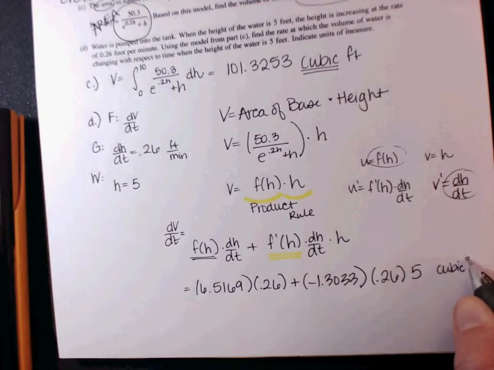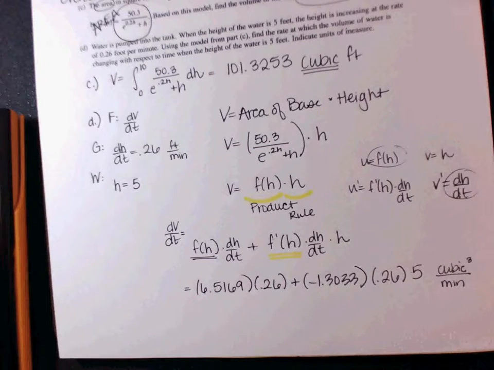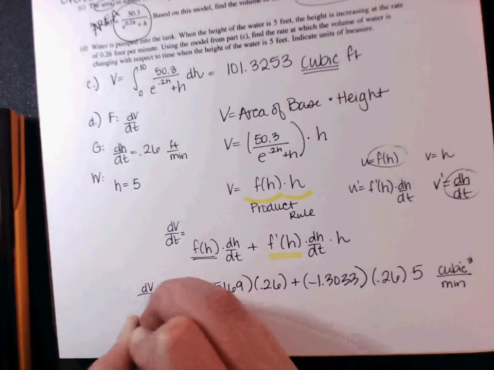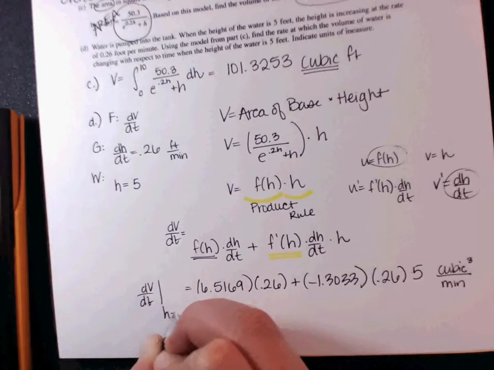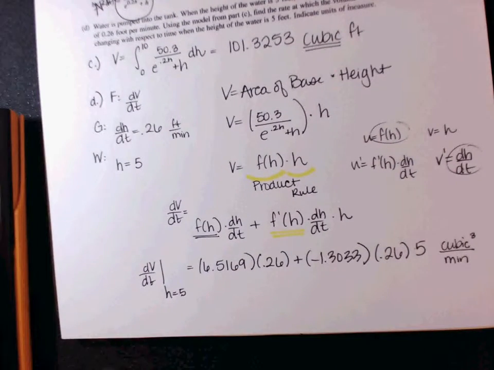Squared or cubed? Cubic feet per minute. And remember, it's cubic feet because it's volume. Over here, you could put dV/dt at h equals 5. That's probably how I'd label that, but if you didn't label it, I don't think you'd lose a point or anything.